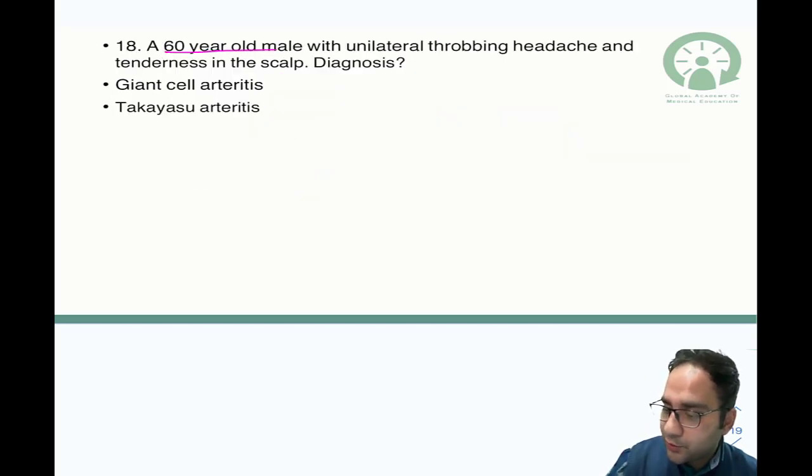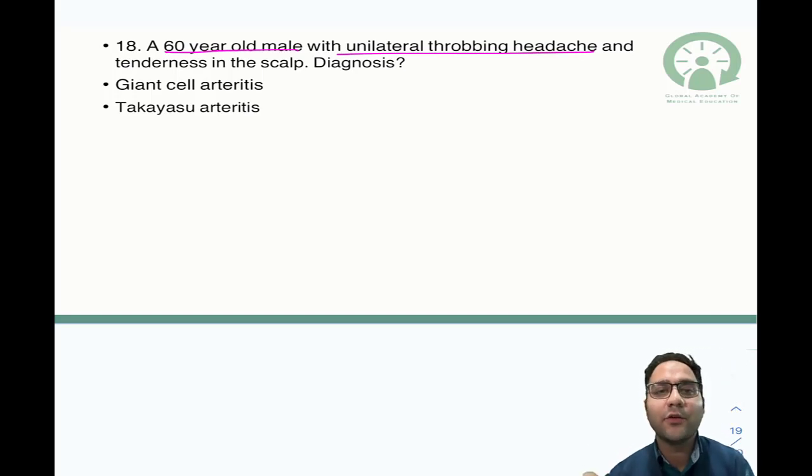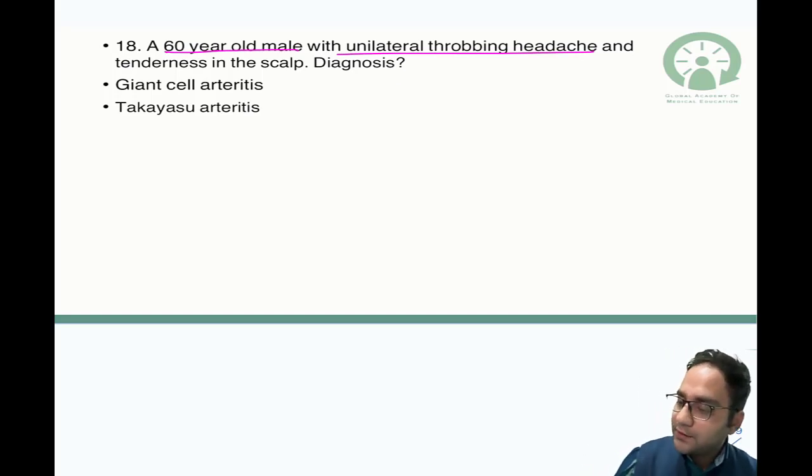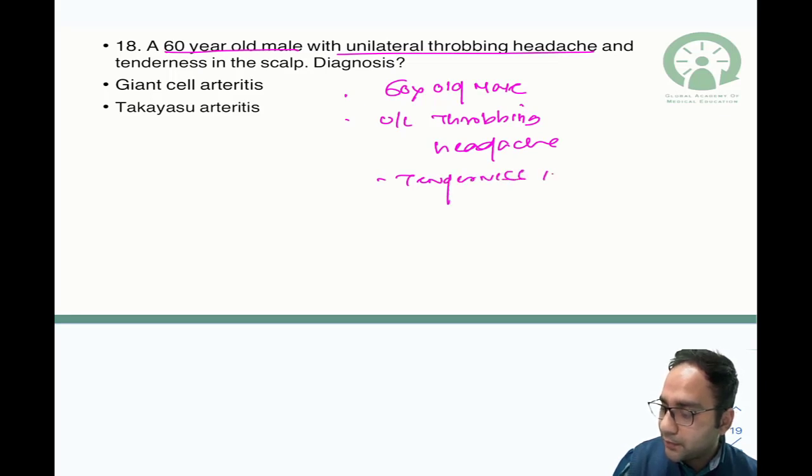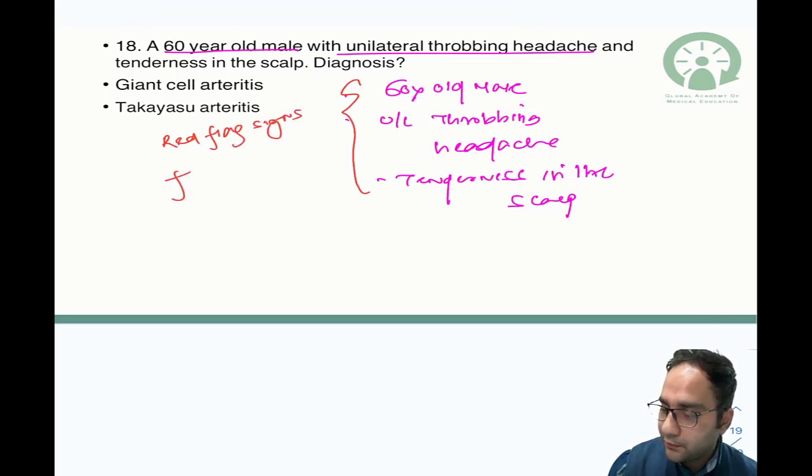Okay. So the next question was basically an integrated question of neurology with vasculitis. So you have a 60-year-old male with unilateral throbbing headache and tenderness in the scalp. All these are basically red flag signs for headache, and you have to promptly consider that there must be a secondary headache.